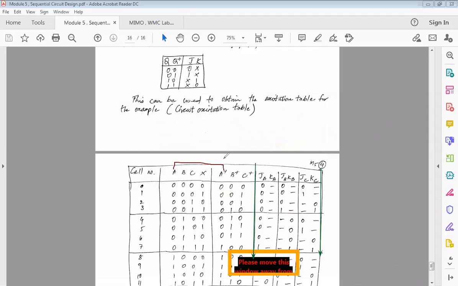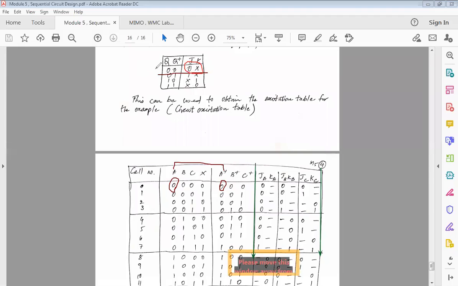So this A and A plus is going to be your Q and Q plus. For A, here I have 0, and here also I have 0. So what is my combination for 0, 0? For 0, 0, what is my combination? 0 don't care, isn't it?